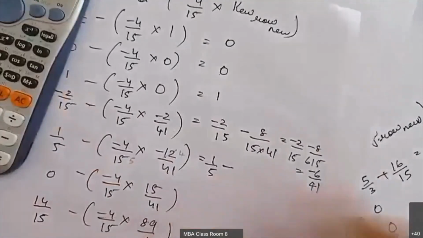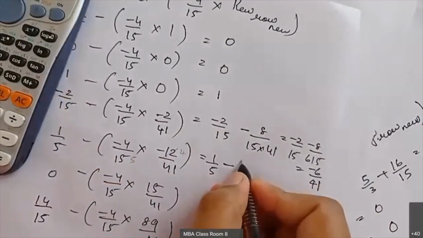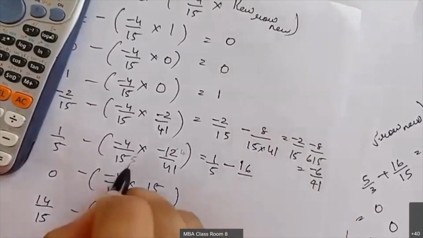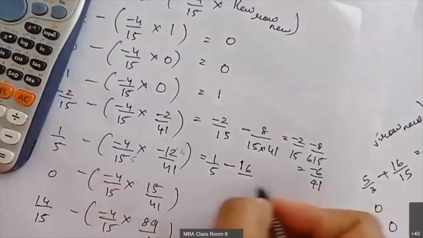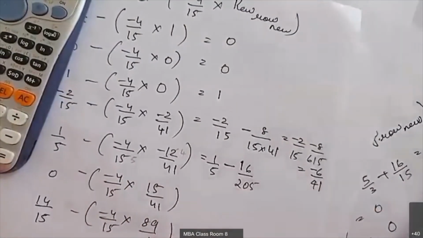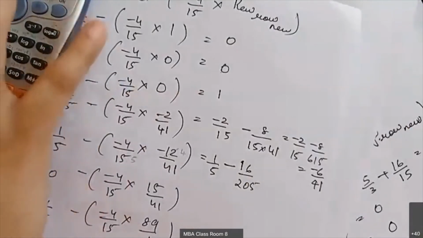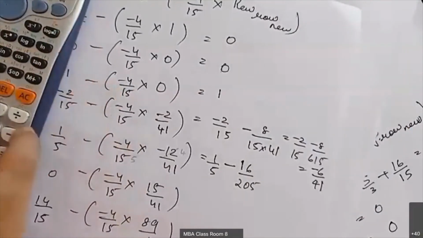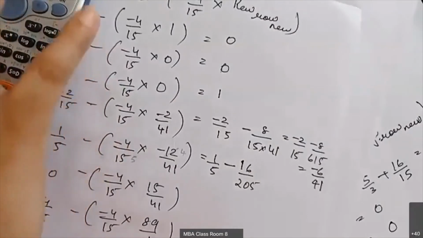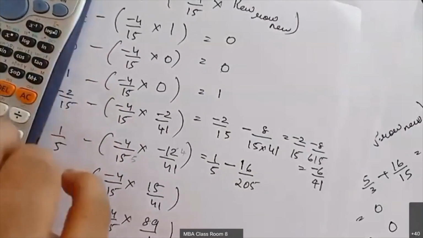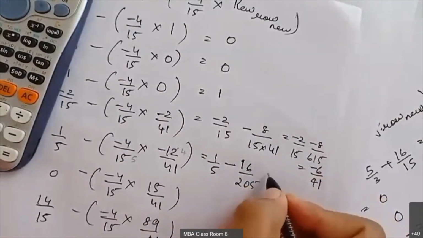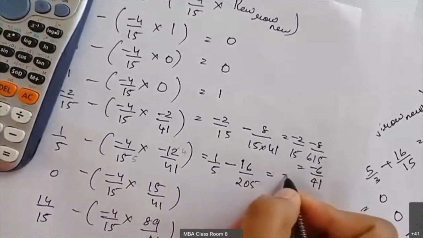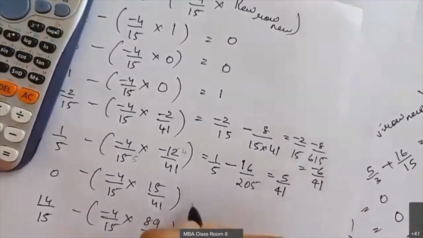So the value will be 16 divided by 5 into 41, 205. 1 divided by 5 minus 16 divided by 205, which is equal to 5 divided by 41. This will become 5 divided by 41.